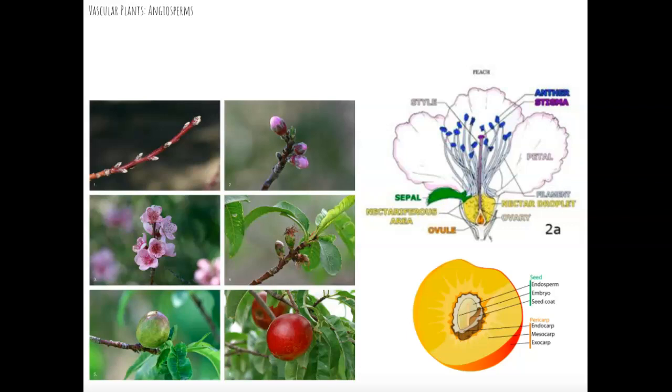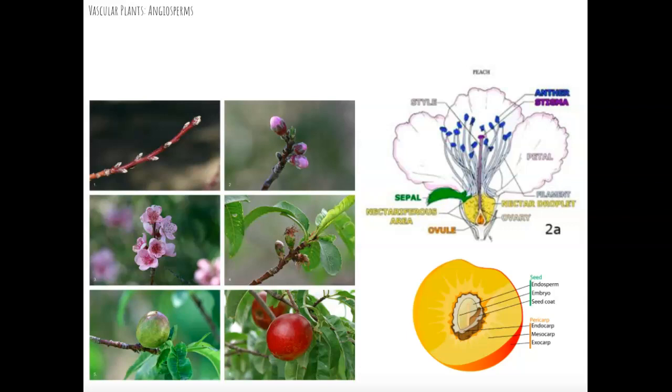So this slide is just giving you an idea of how this entire process works in an angiosperm. The 6 pictures on the left-hand side of the slide show the progression from a stem all the way to a fruit in an angiosperm. So we have a stem, and then it grows some buds. The buds turn into flowers in the 3rd step of the picture.